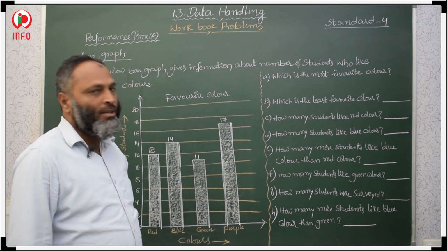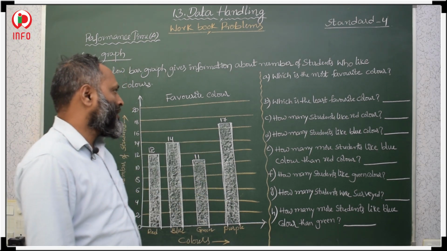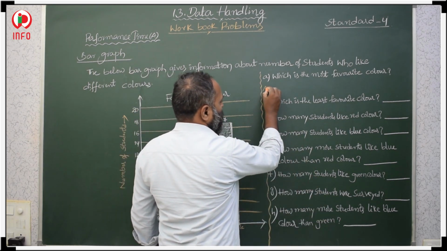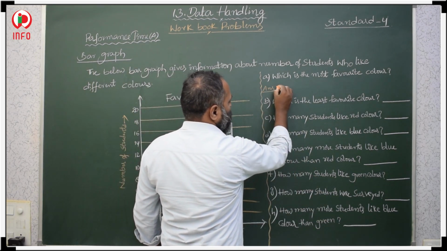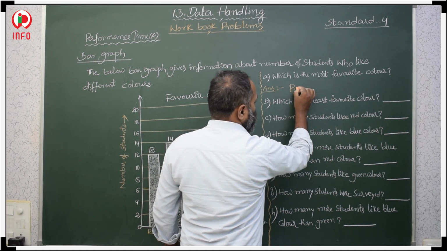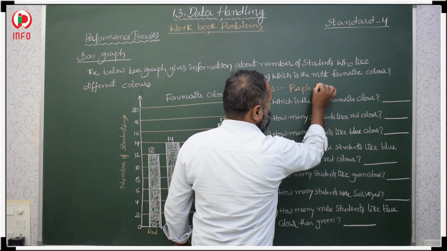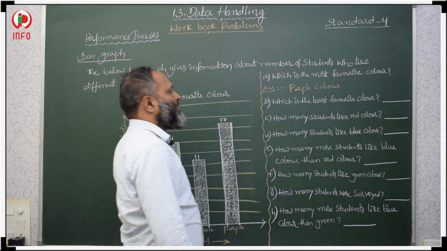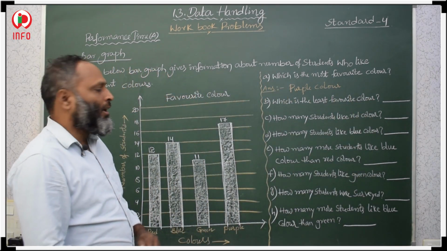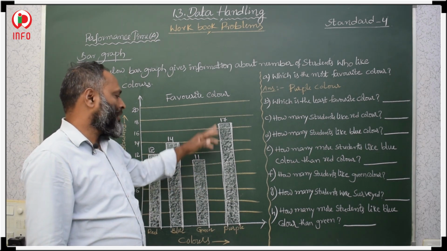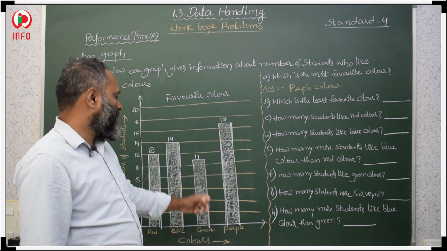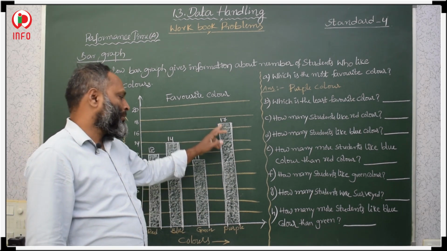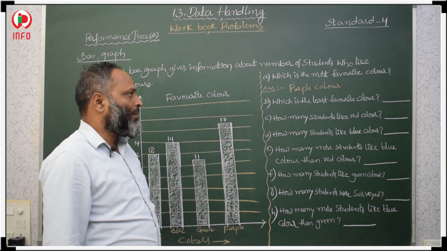So which color do most of the students like? Purple color. How to check? First we see the length of the bars. In these 4 bars, the purple bar is maximum in length. So most of the students like purple color.